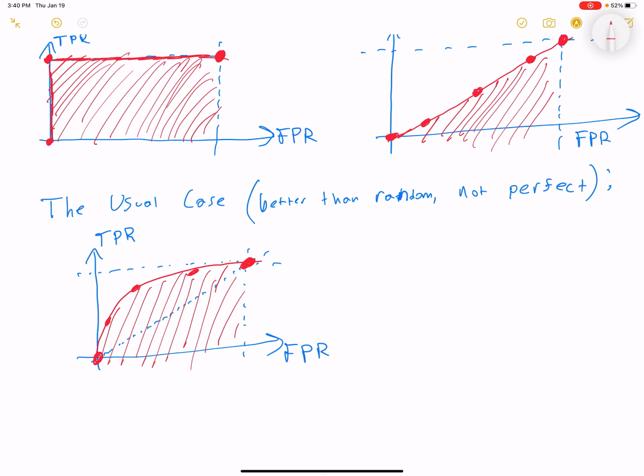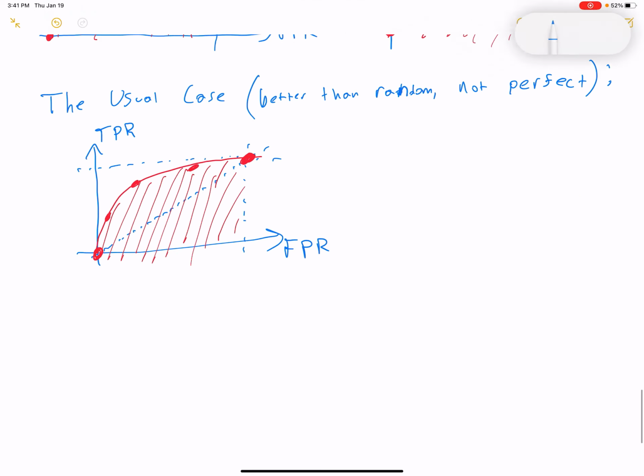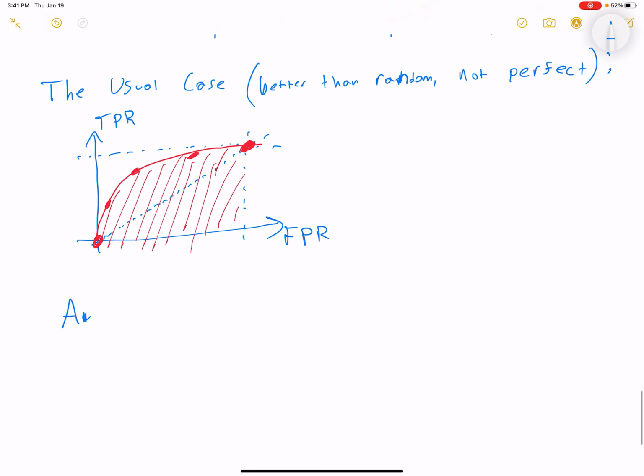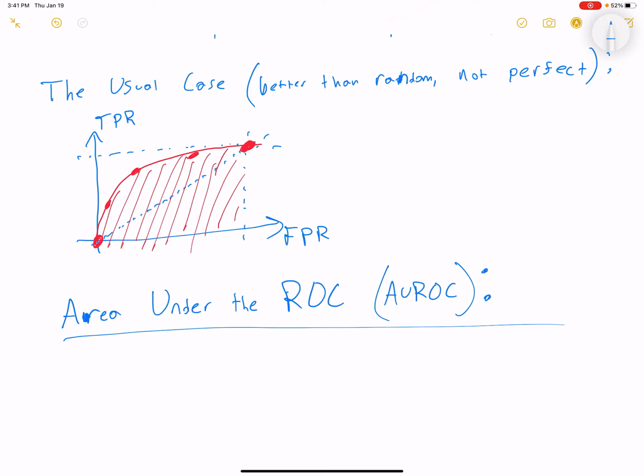And the way we tend to quantify how good a ROC curve is, is using a metric called the area under the ROC. Sometimes we just call that AUROC, and that's exactly what it sounds like. It's the area under the ROC curve.